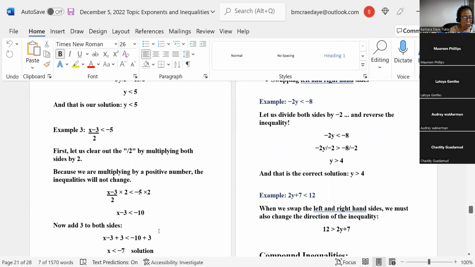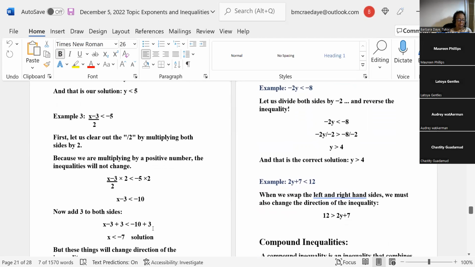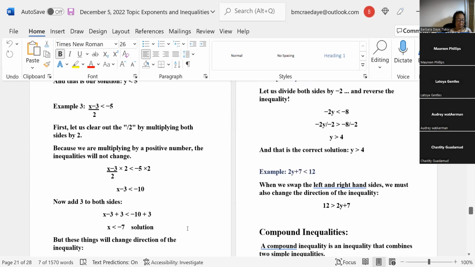Add the 3 to both sides. X is less than or equal to minus 10 plus 3. When you're adding negatives and positives, you subtract. 3 from 10 is 7. The 10 is the biggest, so your answer is a negative 7.